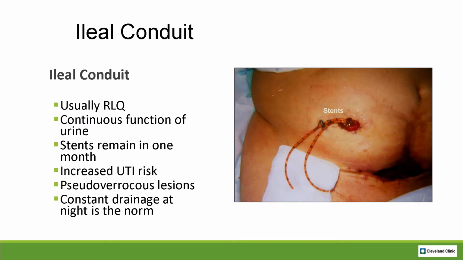Urine can, however, cause overhydration of the peristomal skin. This is a condition called pseudoverrucous lesions and closely resembles skin that has been exposed to water for too long a period of time, similarly as when washing dishes, or dishpan hands. We will discuss this in more detail in the lesson on peristomal skin conditions.